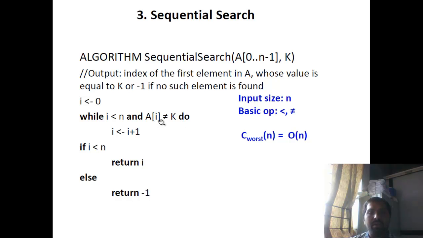We are searching the element from the starting position onwards. If that element is not equal to k, then we increase the position. Otherwise we come out. If i is less than n, return i, else return minus 1. Return i means the key element is available at that position, else return minus 1. It is a normal and easy search.